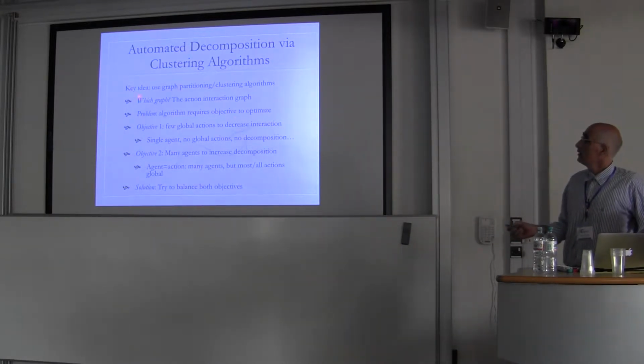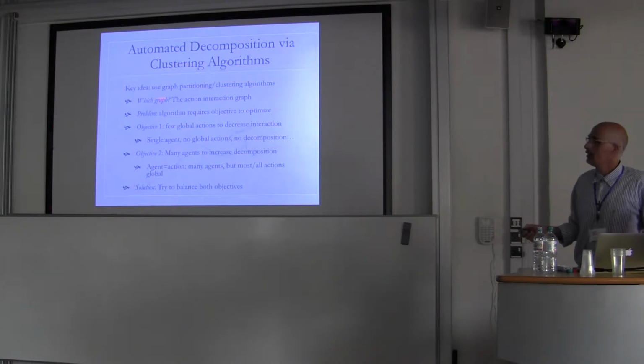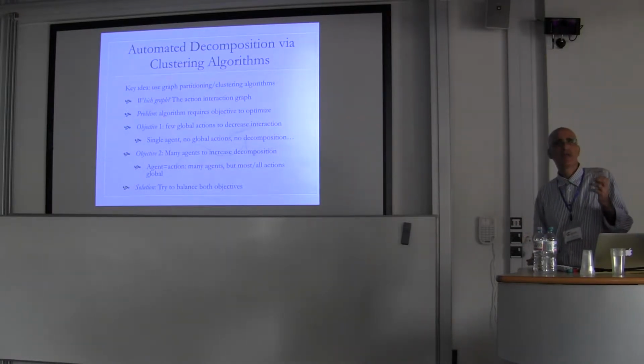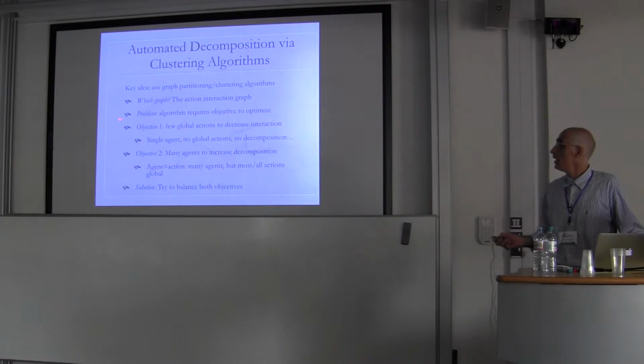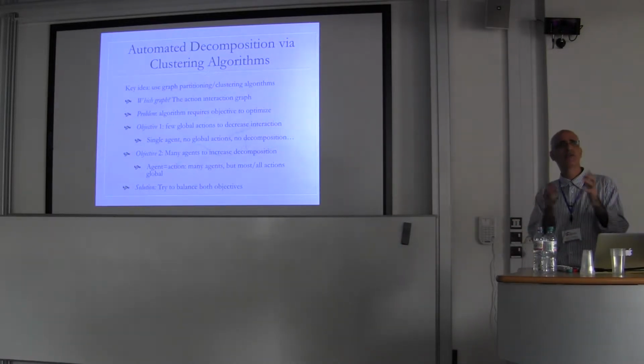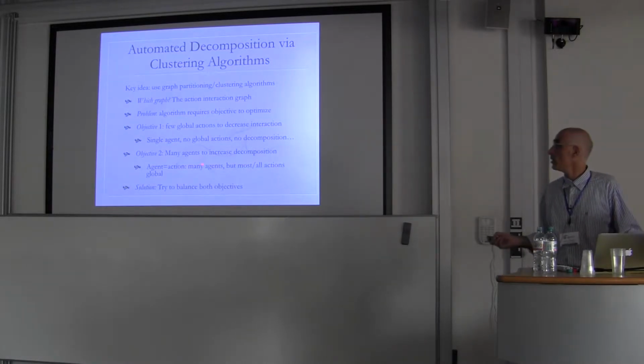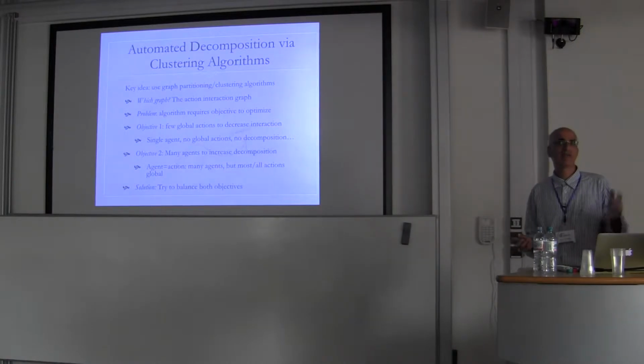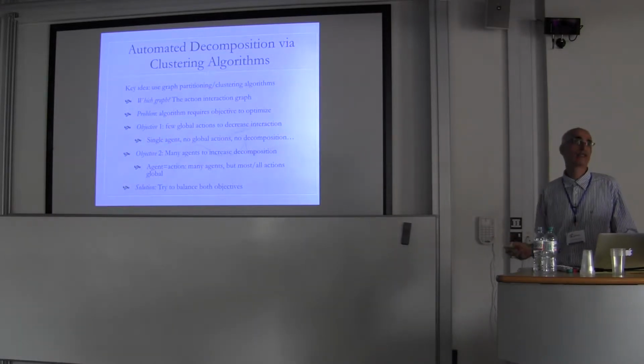Okay? Now, when you cluster, you need to give some objective function that you're trying to optimize, and we have to think about what would be a natural objective function when we try to cluster actions. We want to have as few global actions as possible, because it's the local actions that commute with everything. So here's one solution: single agent, all actions global. Everything is not local.